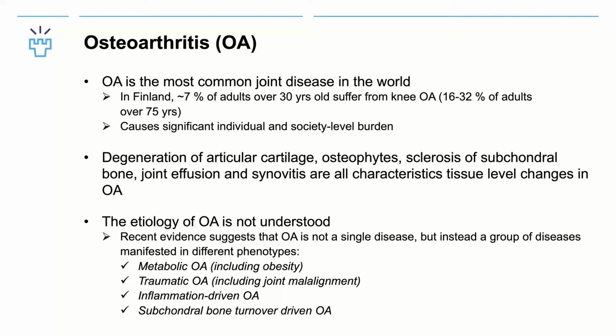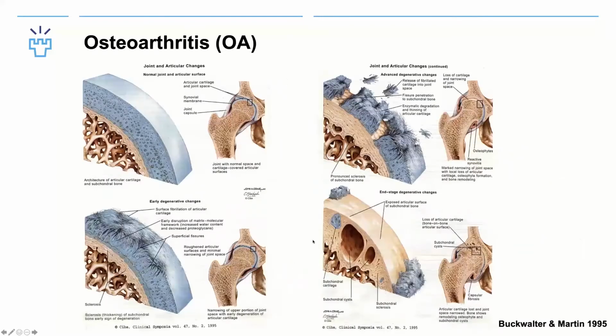A few phenotypes are presented on this slide: metabolic osteoarthritis, which includes obesity; traumatic osteoarthritis, also including joint malalignment; inflammation-driven disease, which can be more related to rheumatoid arthritis; and also subchondral bone turnover-driven osteoarthritis. All of these can manifest themselves with slightly different changes in the tissues, and especially in different order, even though in end stage we very often end up in a situation like this.